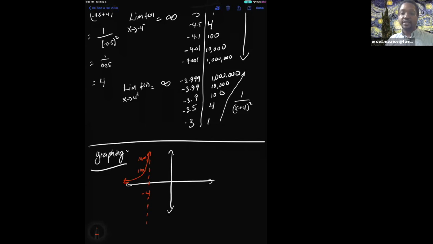And then on the other side, the graph is doing exactly the same thing, going upwards. So the limit from the left for my function is going to be equal to infinity, and then the limit from the right is also infinity. So you can see the graph is giving us the same information, hence the same solution.